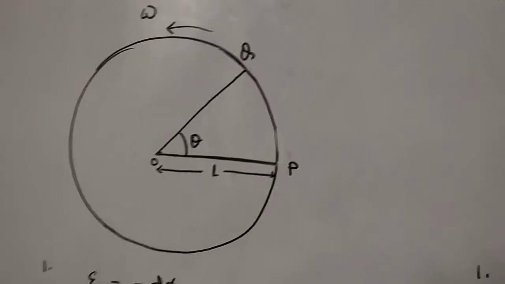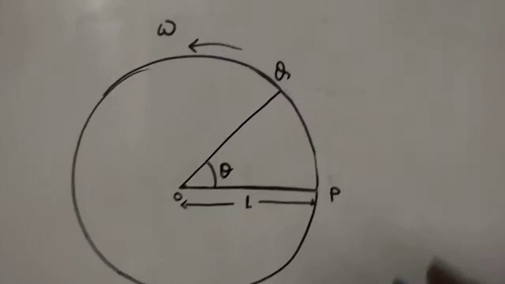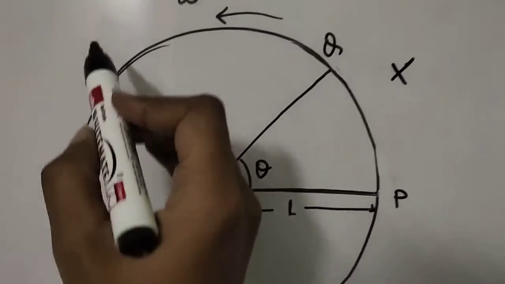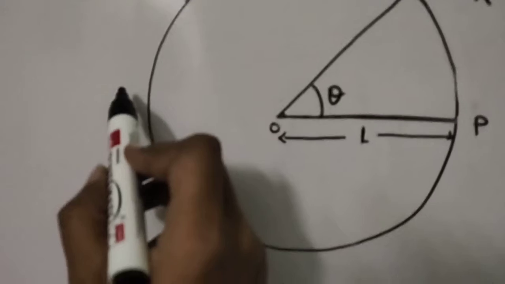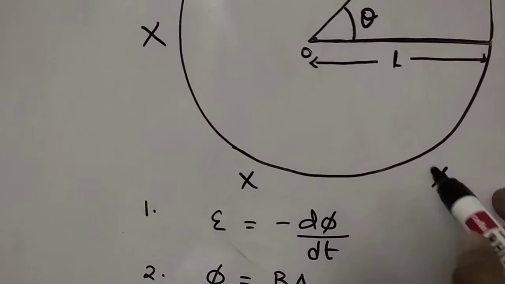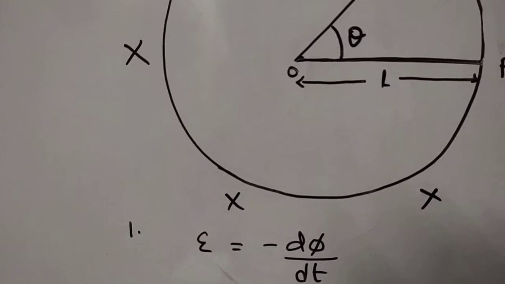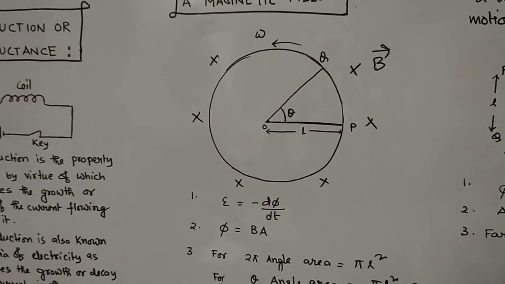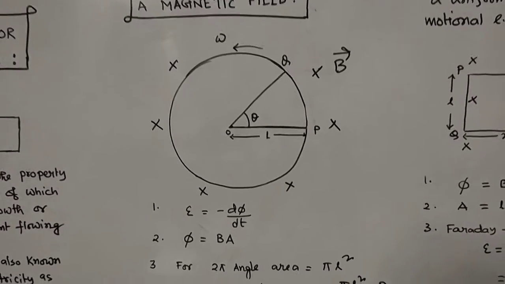You can show it in the figure by giving a symbol. Though we have not shown it here, you can show it. This is your magnetic field, B vector. So you have to show the magnetic field in the figure also.